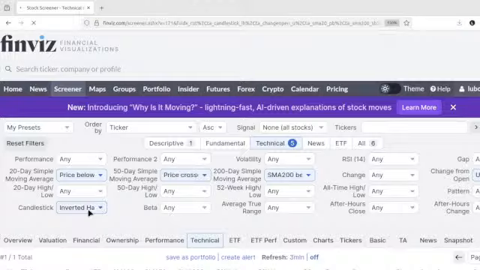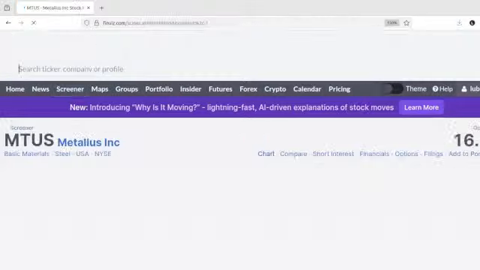So the inverted hammer has worked. Let's see the candlestick pattern and how it looks, so that we can judge whether it's a random pattern or a pattern that is tradable.